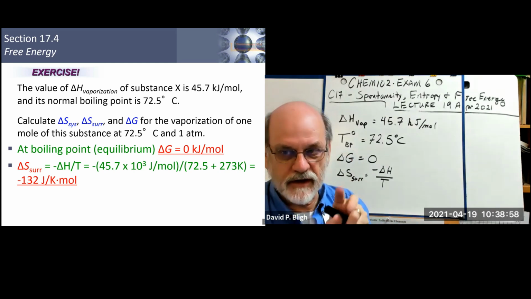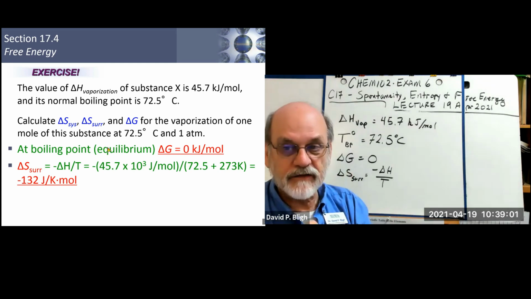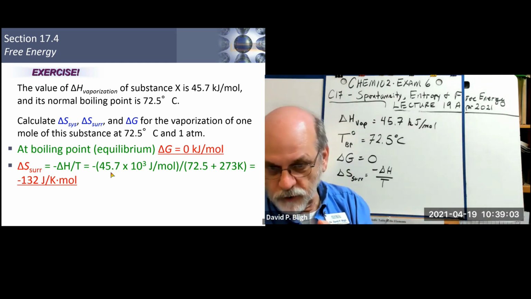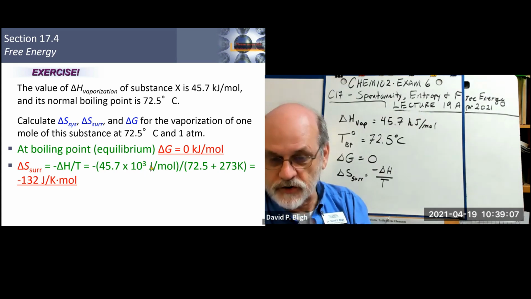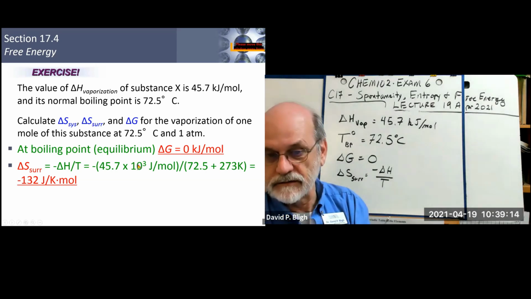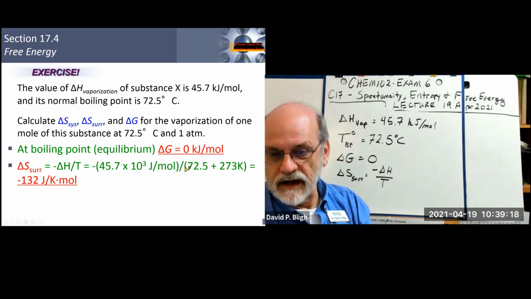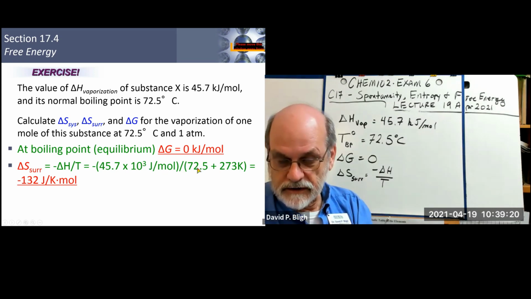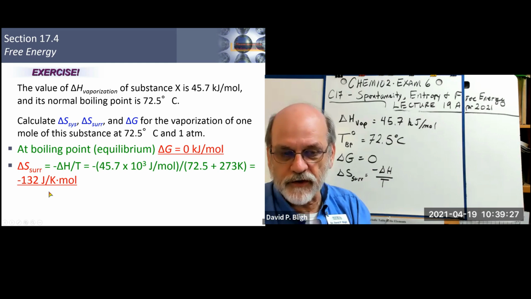So that's the important stumbling block there. You got to get those units together. So that's why 45.7 times 10 to the third joules, right? We just take this K out and put it down here as 1,000. That's why I wrote it that way. And then you need to convert Celsius to K, divide that into this value, and now we get minus 132 joule per K mole.